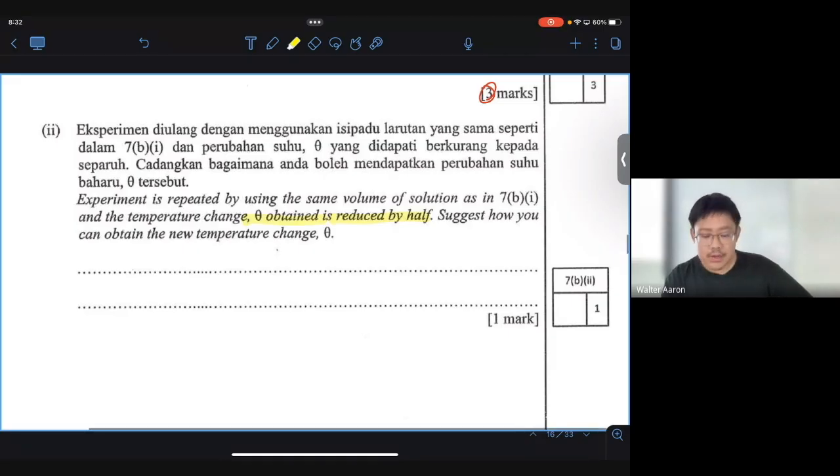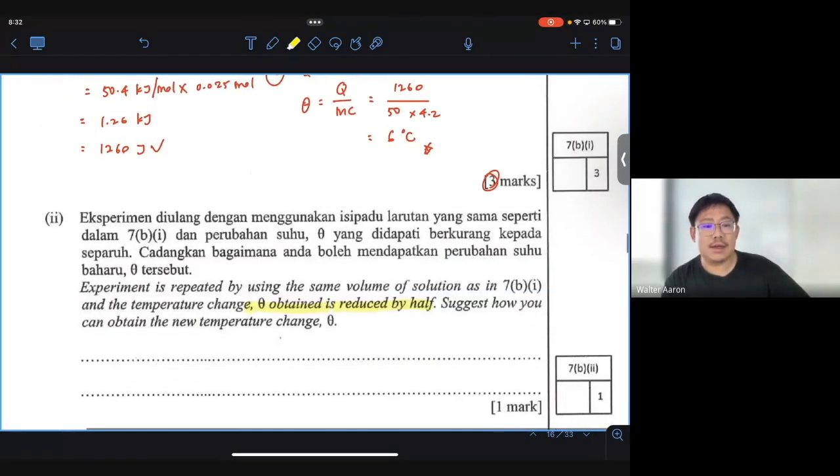In this case, they said you cannot change the volume, because it says here same volume of solution. So what's the thing that's affecting the heat release right now after the temperature has changed?